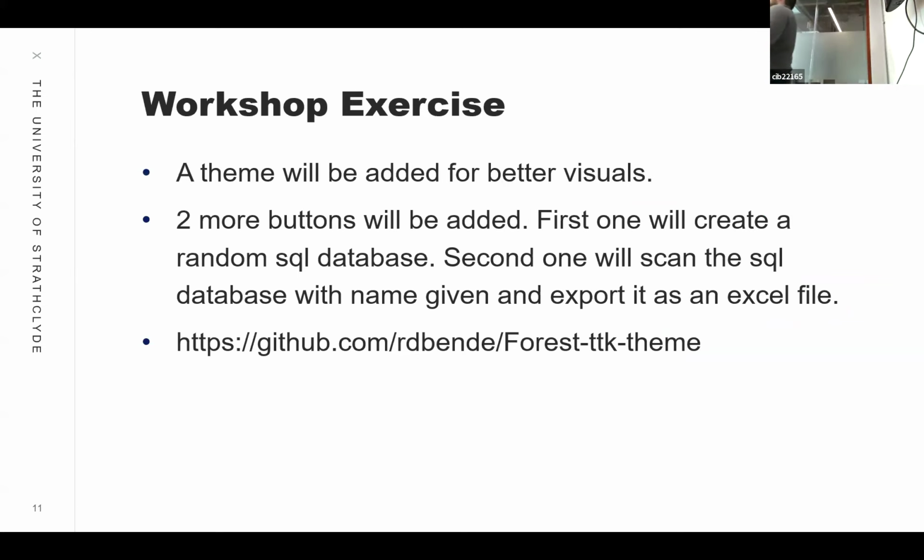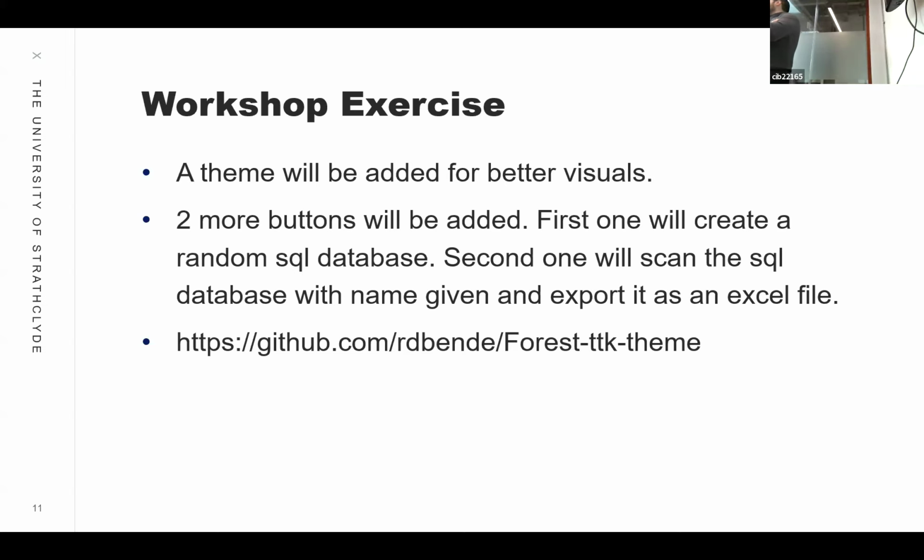Okay. Today, as I said, we are going to see what we have learned and put it to the test. For the exercise, we are just going to add a theme to have some better visuals in the program that we developed yesterday. And what I'm proposing, we can also extend this one as well. We are going to add two more buttons to the application that we made yesterday.